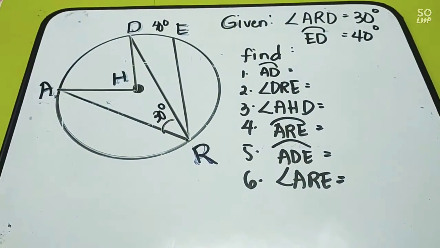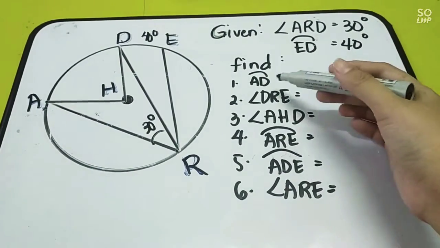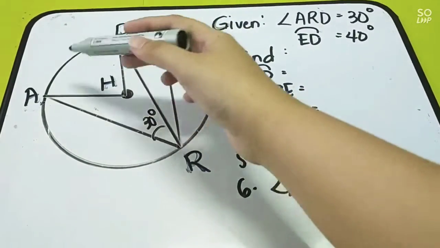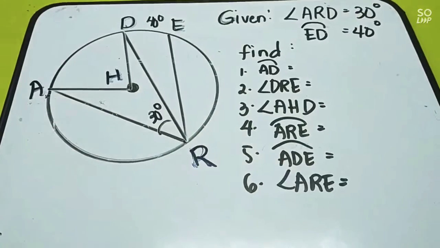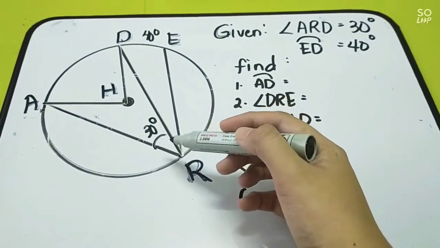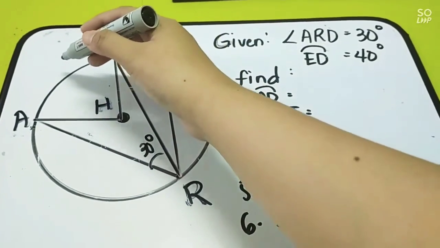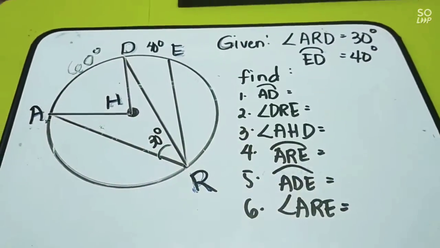Okay? We're going to find the following. First, find arc AD. Since ARD is the inscribed angle of AD, therefore, arc AD is twice ARD. So, 30 degrees times 2 becomes 60 degrees.